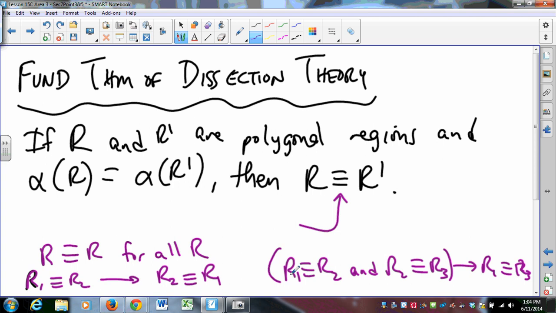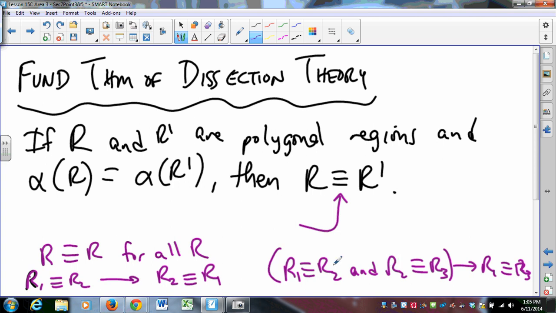Now, you're thinking the big sketch of the proof is whatever triangles correspond to these, well, then we'll just let those correspond to those, but that may not be true. This decomposition from 2 to 3 may use different triangles than the ones from 1 to 2. But what we do is we break up the R1s and the R2s into very small units, and then we lump together all the 1s, correspond them to 2s, and the 2s to 3s, and we get it that way.